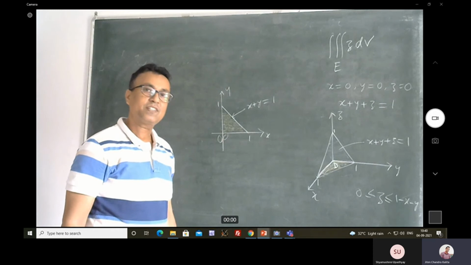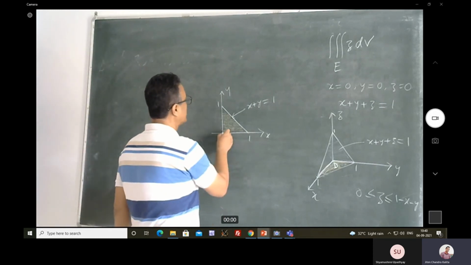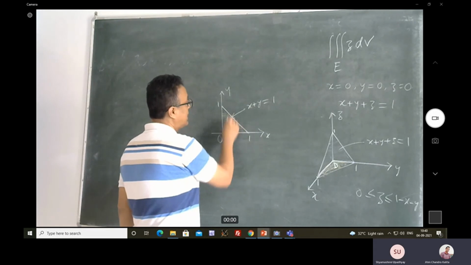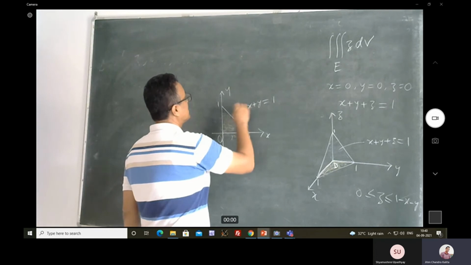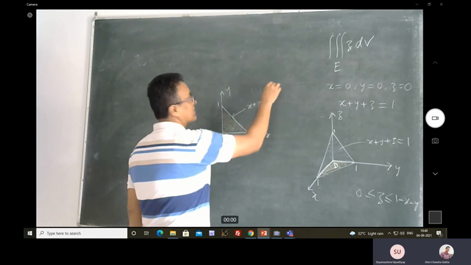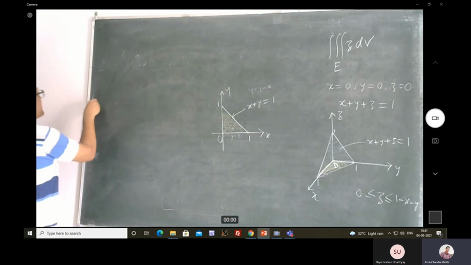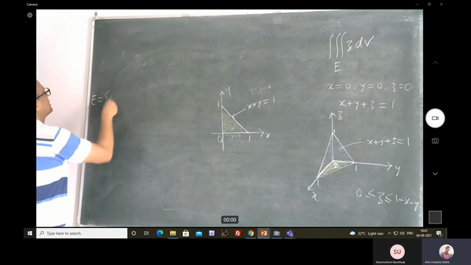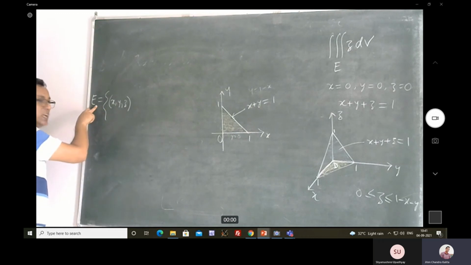Now, if I want to consider it as a type 1 region in 2D, then x is going to lie between 0 and 1, and y lies between y equal to 0 and y equal to 1 minus x, isn't it? See, as I have told you, it is about expressing that region accurately.